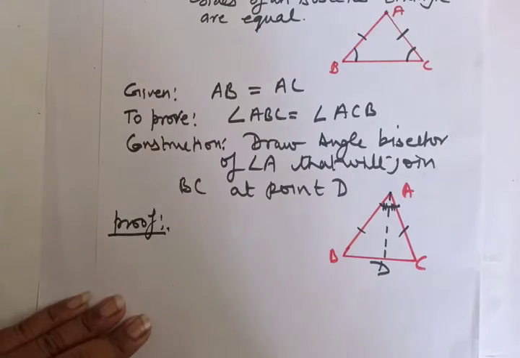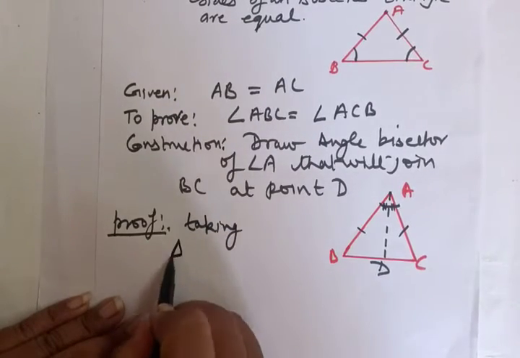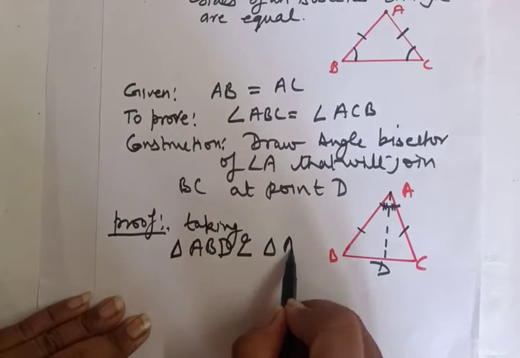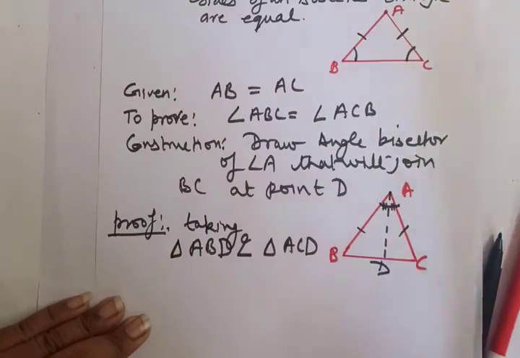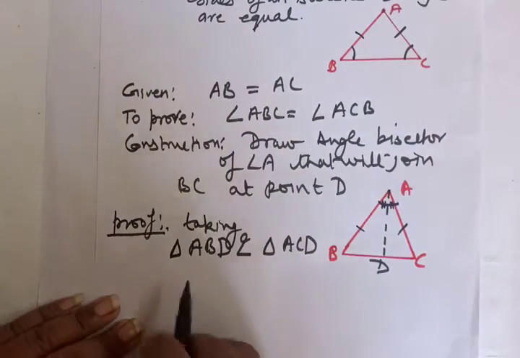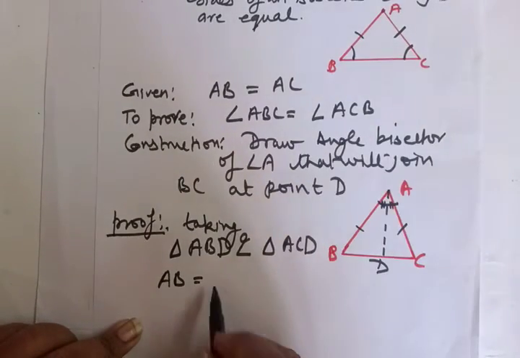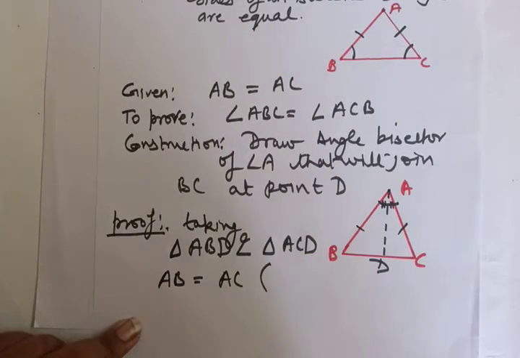How can we write? We will write, taking triangle ABD and triangle ACD. Now what we can see here, AB is equal to AC. It is very important that we write the reason for each step. Why are these equal?